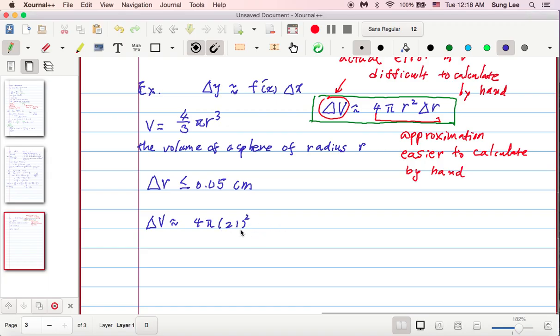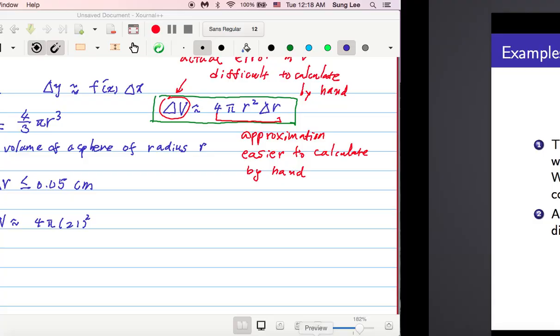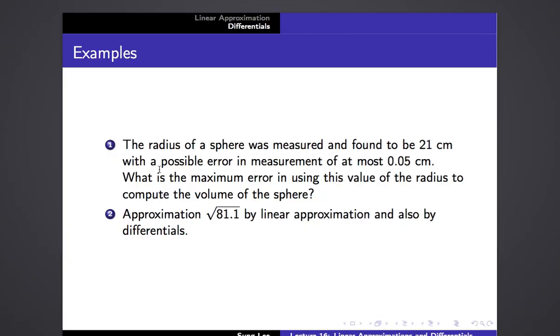Here we are going to use the maximum possible error in the measurement of the radius, which is 0.05, so that we can calculate the maximum error in using the measured value R equals 21 centimeters to compute the volume of the sphere.